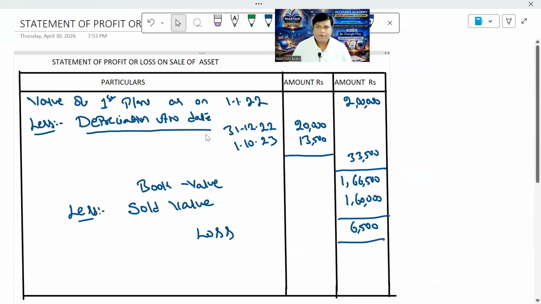Next, depreciation up to date: the first is 20,000, the second is 13,500. 2 lakhs minus the total 33,500 gives 1,66,500, and this is considered the book value. When we sell the plant for more than the book value, it's a profit. When selling for less than the book value, it's a loss. So what is the sale value? 1,60,000. Less than the book value, so the loss is 6,500, which has been considered in the ledger.